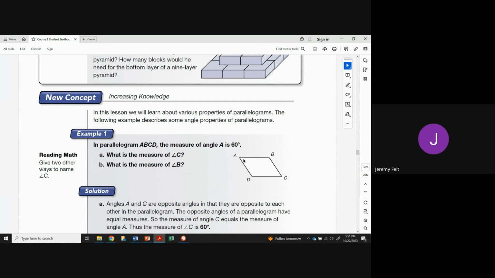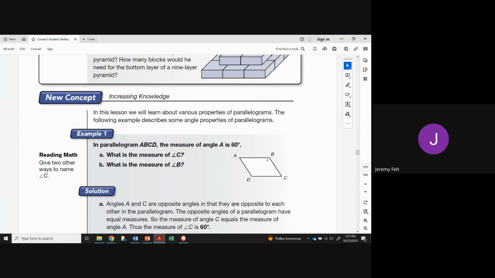And a rule that we know is our two acute angles, or the angles that are less than 90, are the same measurement, and then our obtuse angles are the same measurement. So if A is 60, C is also 60. We don't have to go through and use any calculations or anything. We can just remember the rule. A is 60, C is across from it, so it has to be 60 as well.